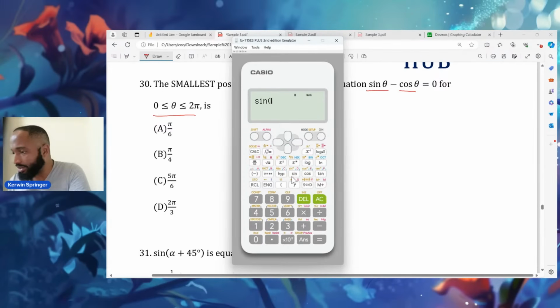We could substitute in the answer for this one. It's just taking me a little while to type because I'm using my mouse. Minus cos. Not most, but quite a few questions you could substitute in the answer, and you'll be real happy that you know about that little trick. Pi on 6. All right, this doesn't give me 0. So what kind of foolishness is that? Let's put 4 here.